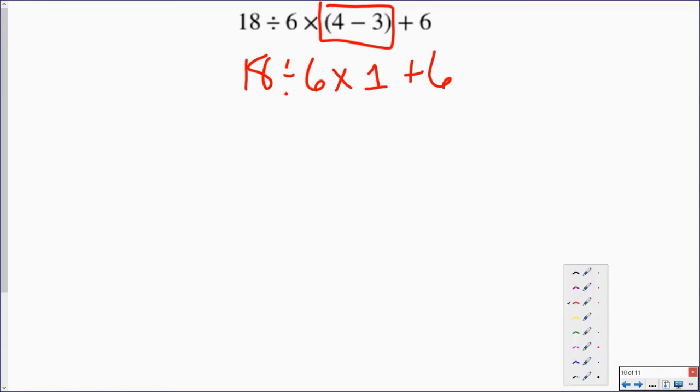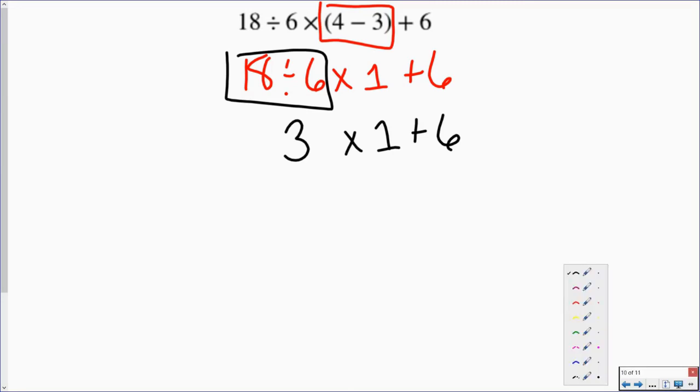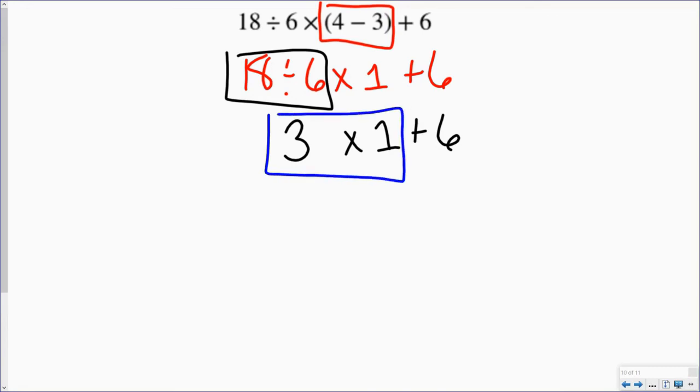So I'm going to take 18 divided by 6, which is 3, and everything else stays the same. I still have more multiplication, which is 3 times 1, and so we'll take care of that. 3 multiplied by 1 is 3 plus 6.